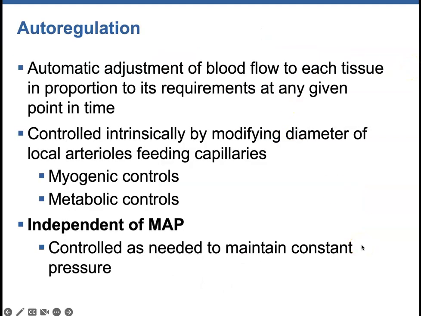Then autoregulation, all this refers to is that locally our vessels and our capillary beds are able to locally regulate: do we need to dilate, do we need to constrict? And this can be independent of the mean arterial pressure. And so this is done to be able, within the actual organs and the tissues, in our cells, to still maintain some blood flow. So say when the blood is shunted away from the gut, right?